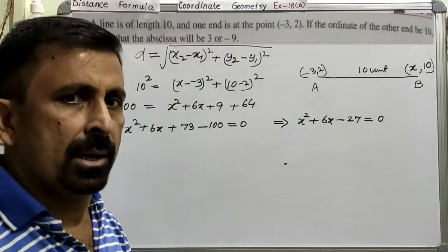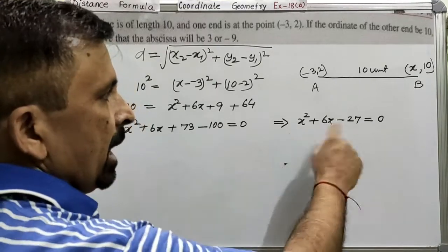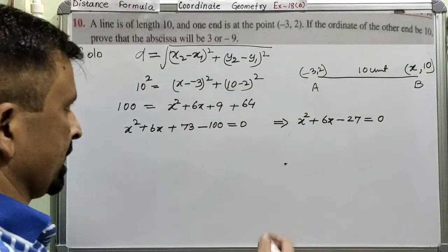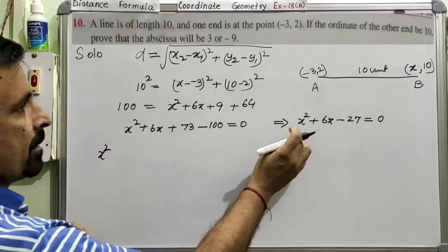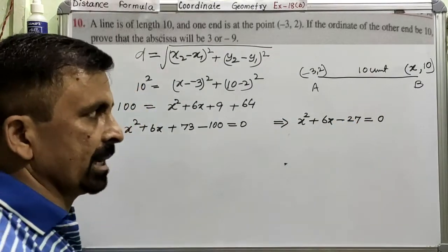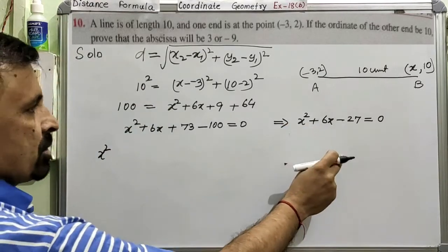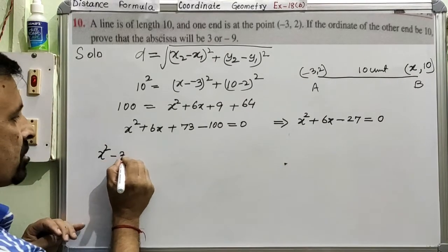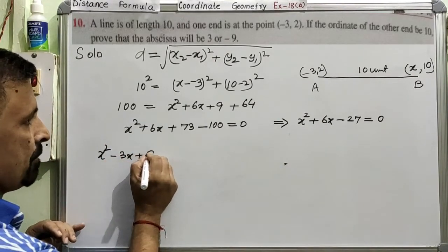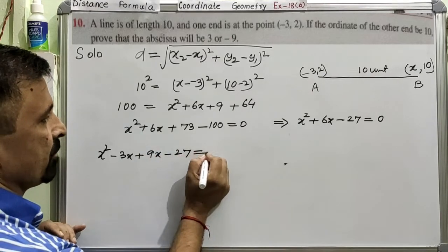It is up to you what way you want to do. I am going to solve it by factorization method. The product of the first and the last term is 27, and 9 threes are 27, so I can replace the middle term: minus 3x plus 9x minus 27 is equal to 0.